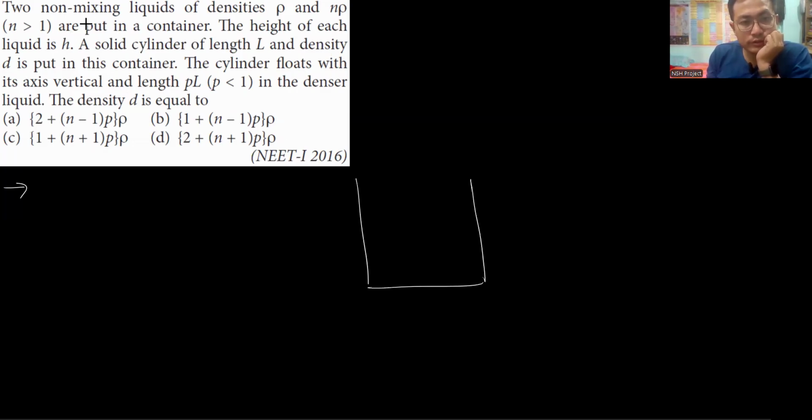I have two non-mixing liquids of densities rho and n rho, where n is greater than 1, so n rho is the denser liquid. The denser liquid goes at the bottom, separated by a thin line. The height of each liquid is h, so this is also h, this is also h.